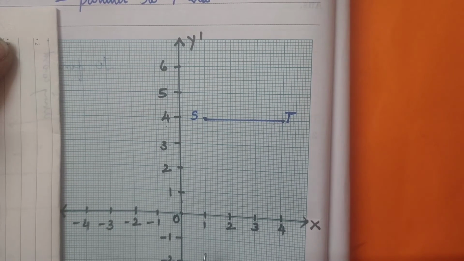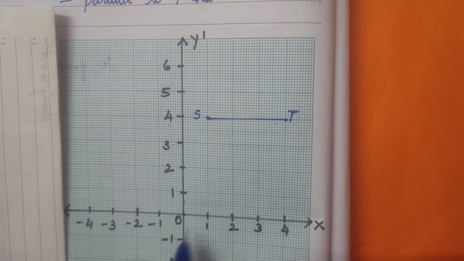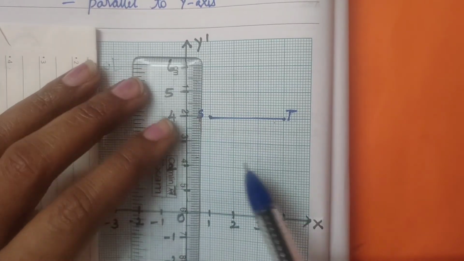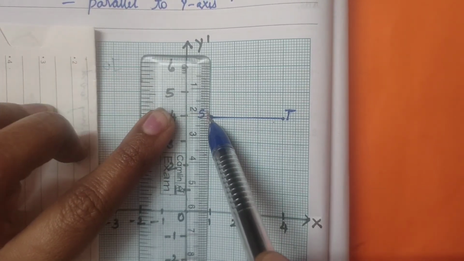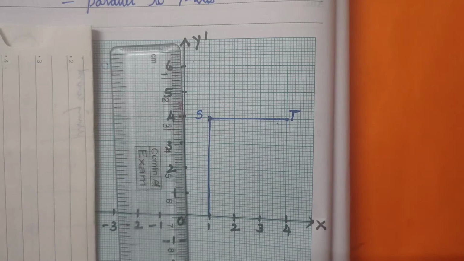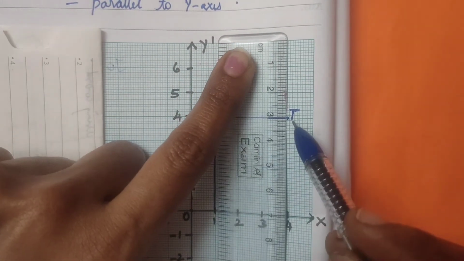Okay, so for this what we need to understand is that this is parallel to the x-axis, is it or not? So we will join this one like this, right? I'm going to join this one. And one more we need to join. What is the other one we are going to join? The other part here.